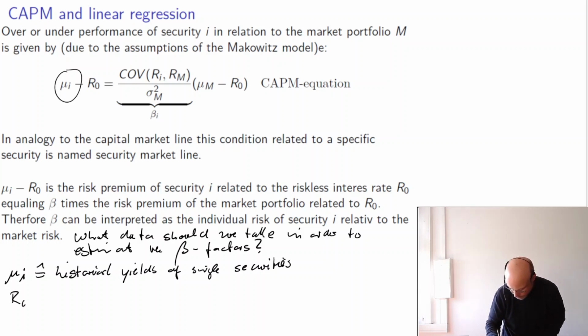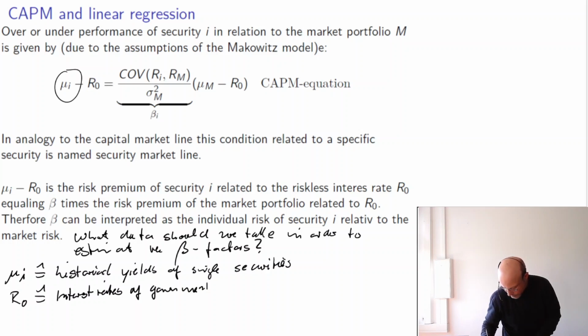What should we take for R0? For this, we also already talked about it last week. For this, we could maybe take interest rates of government bonds.